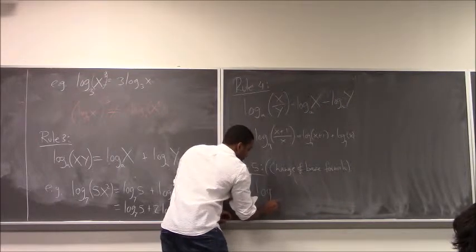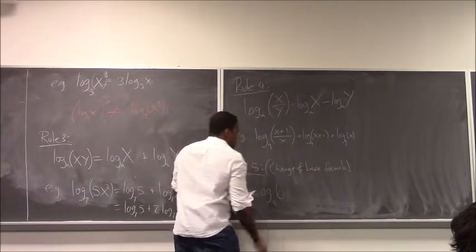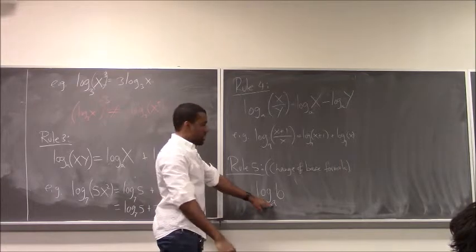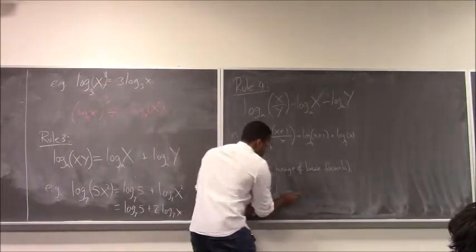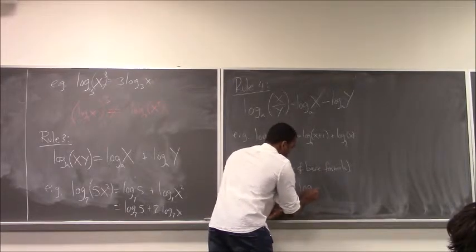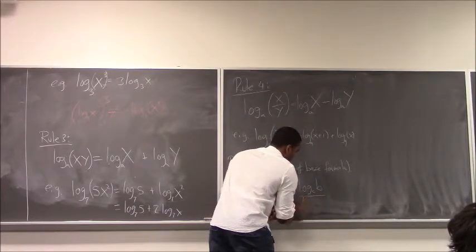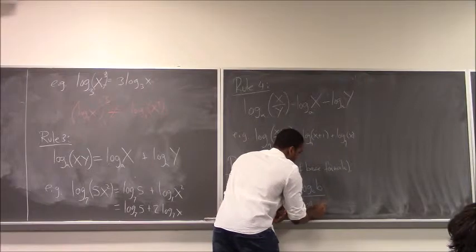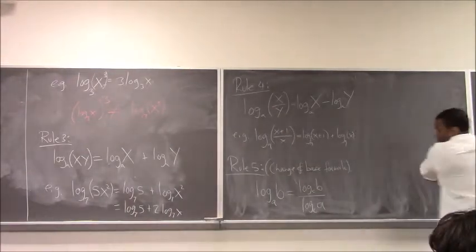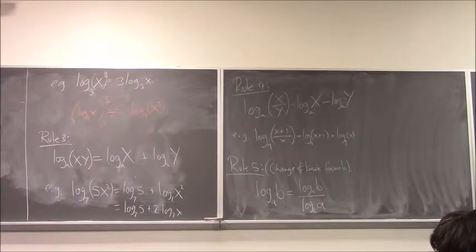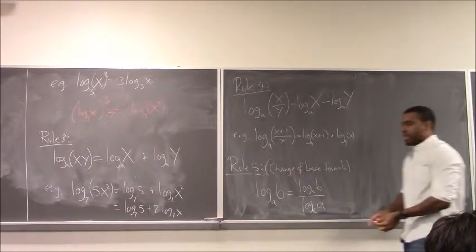So let's say you have log to the base a of b, but somehow working in the base a is not very convenient. You can actually change the base with this formula. It's equal to log to the base c of b divided by log to the base c of a. So if for some reason the base c is more convenient to work with, and you're given something in base a, you can change the base with this formula.